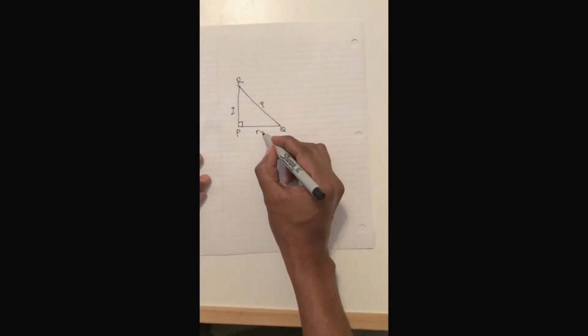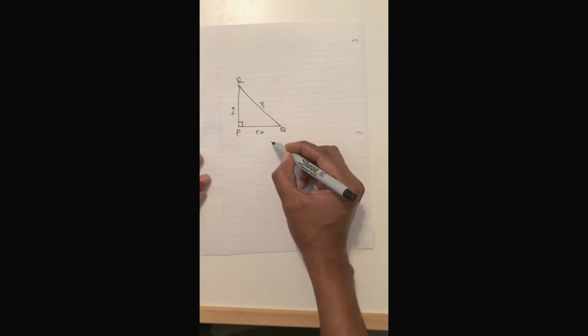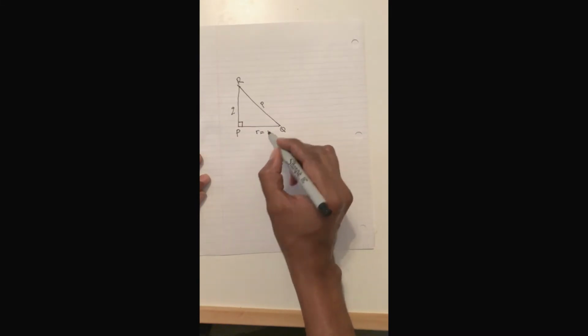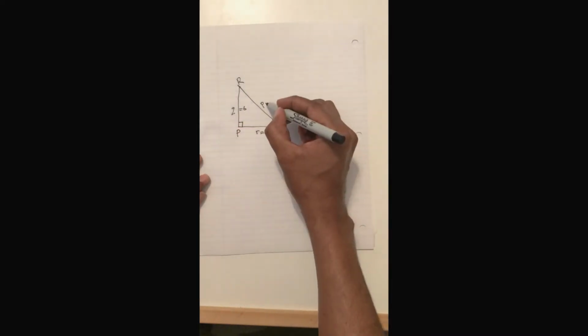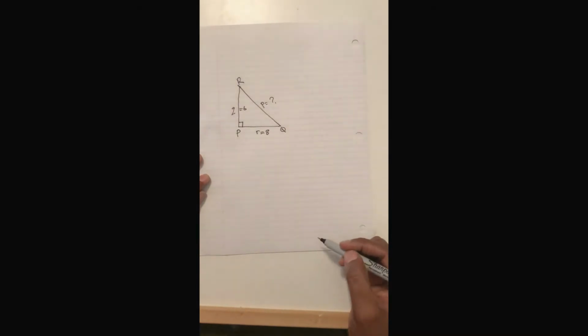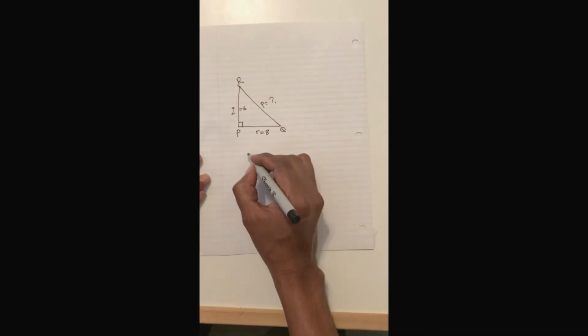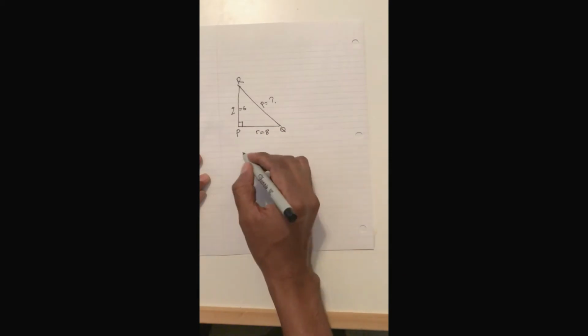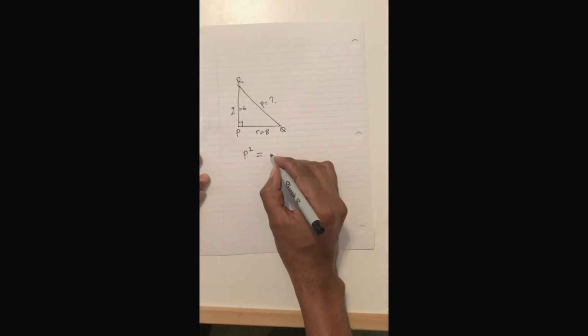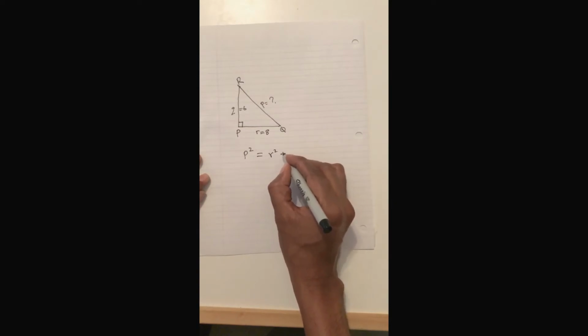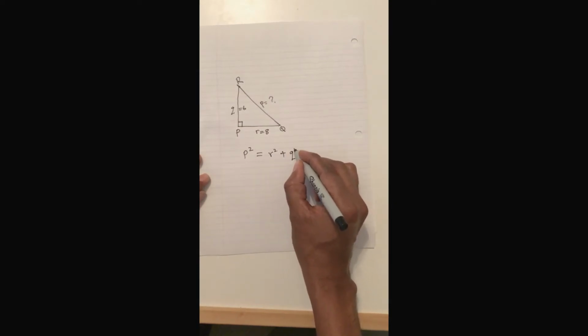If, for example, we have our base as 8 and the height as 6, what is the hypotenuse? In order to find the hypotenuse, we use the same relationship. So p squared is equal to r squared plus q squared.